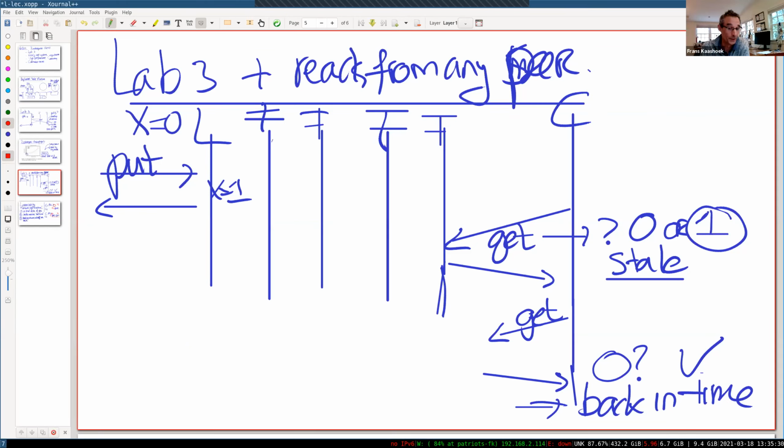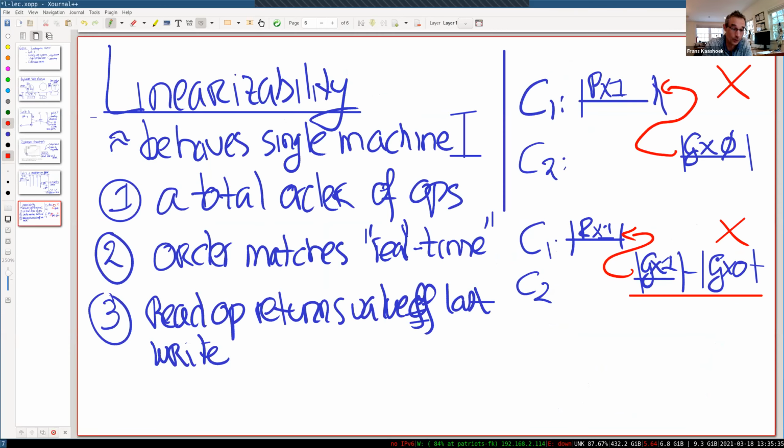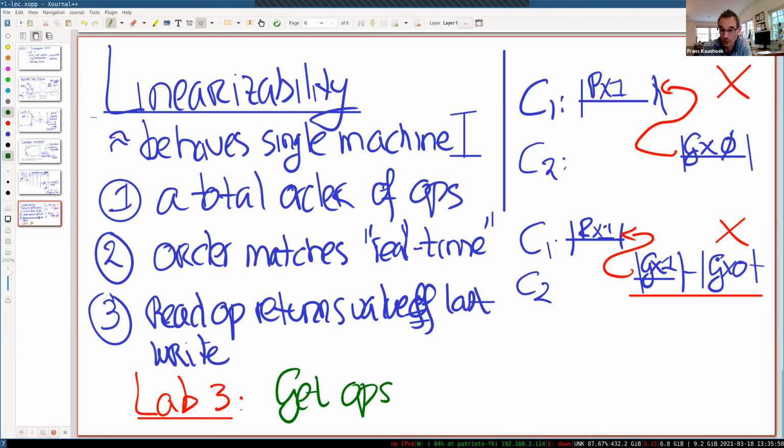We run all the reads through the leader, correct? So the easy solution to get linearizability, and in fact what we're going to be doing in lab 3, is that reads or get ops go through the log. So they go through Raft.